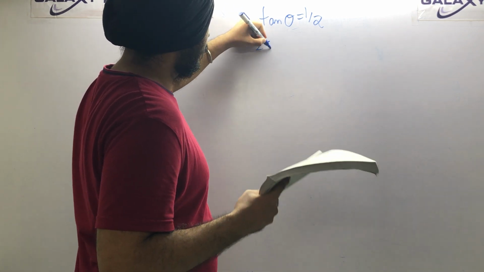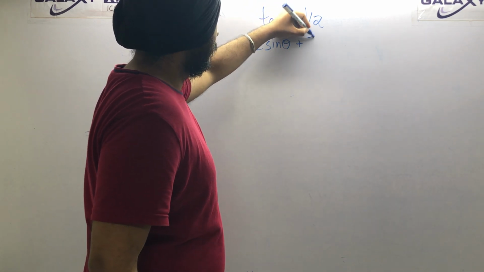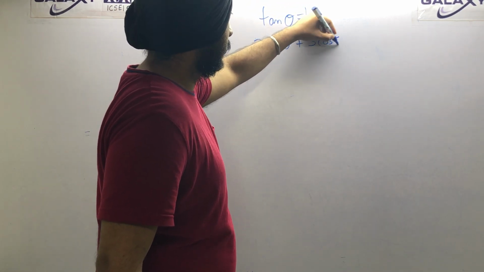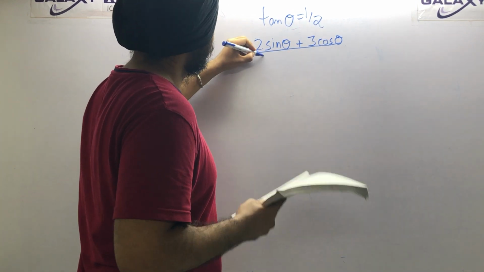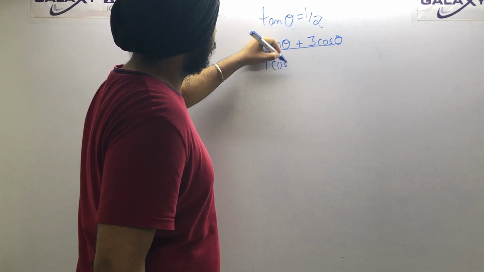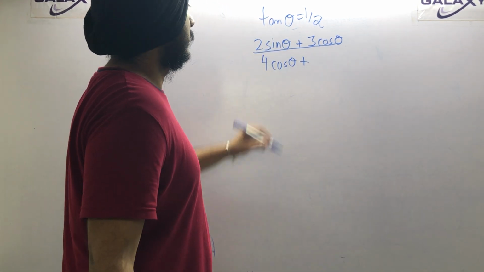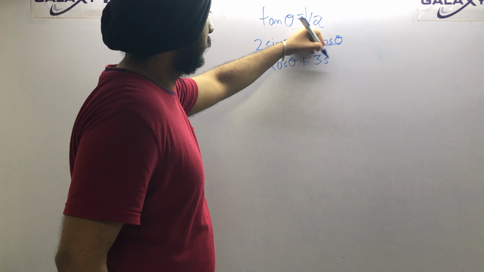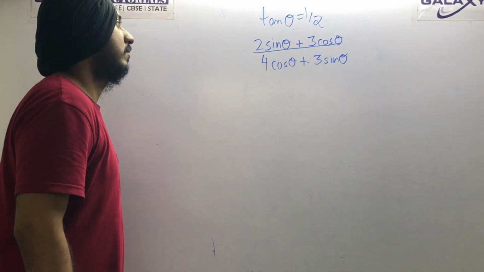We have to find out 2 sin theta plus 3 cos theta. Okay, this is something that we have to find out.